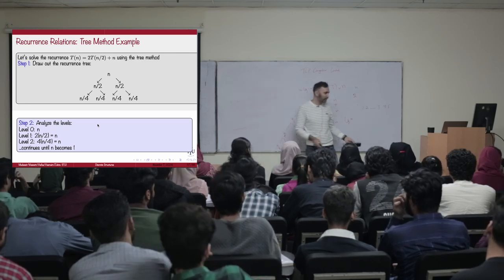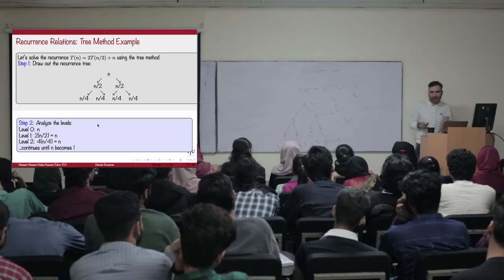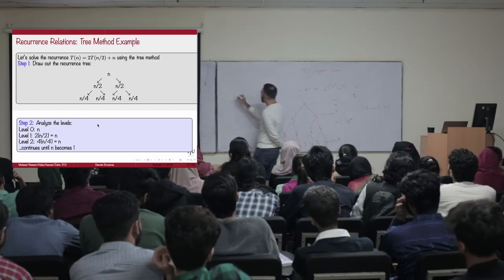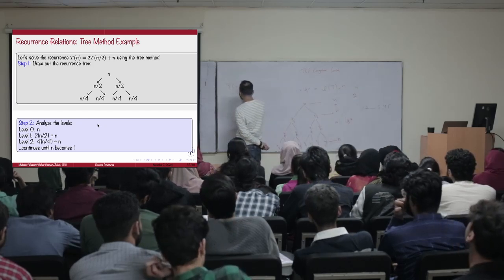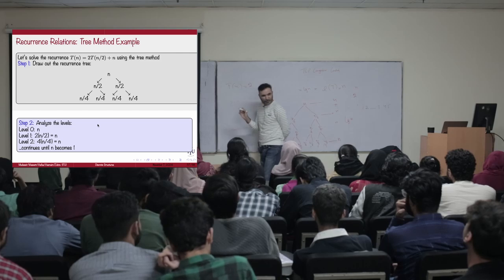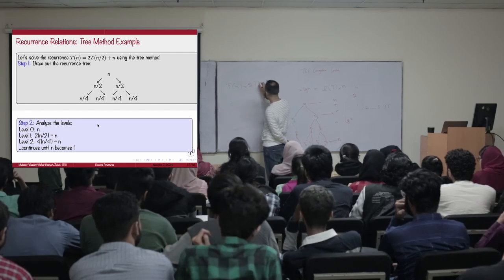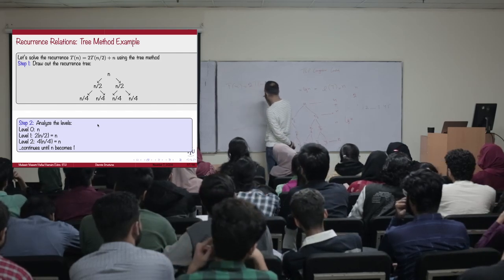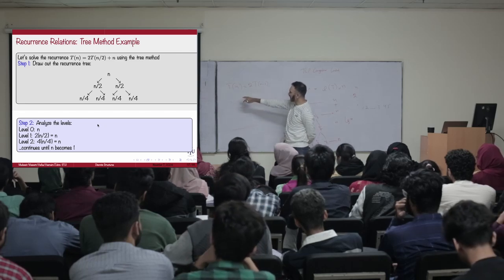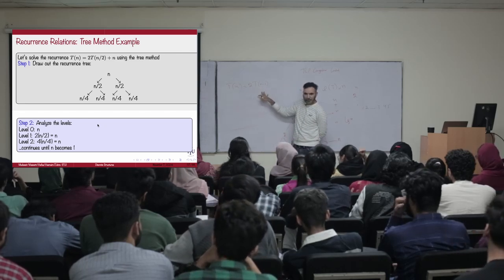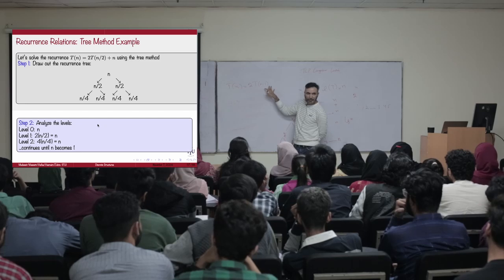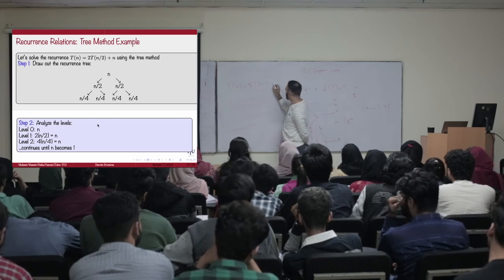So the last equation that we saw, if I remember, was T of n equals 2 times T of n minus 1 plus something.